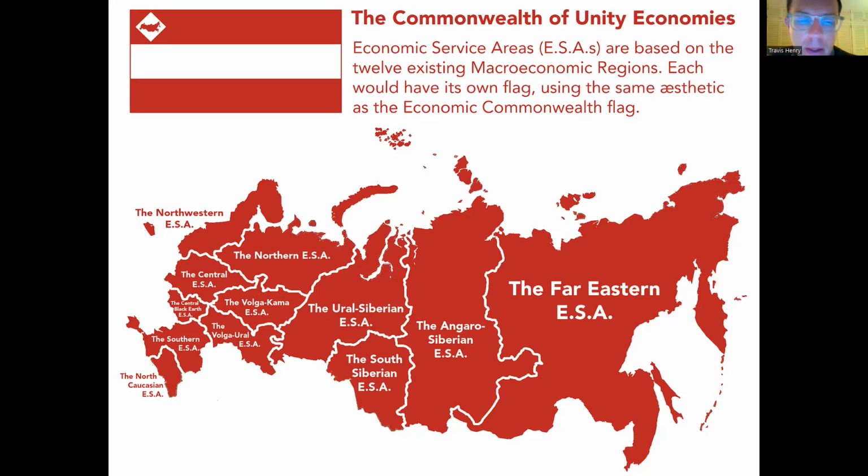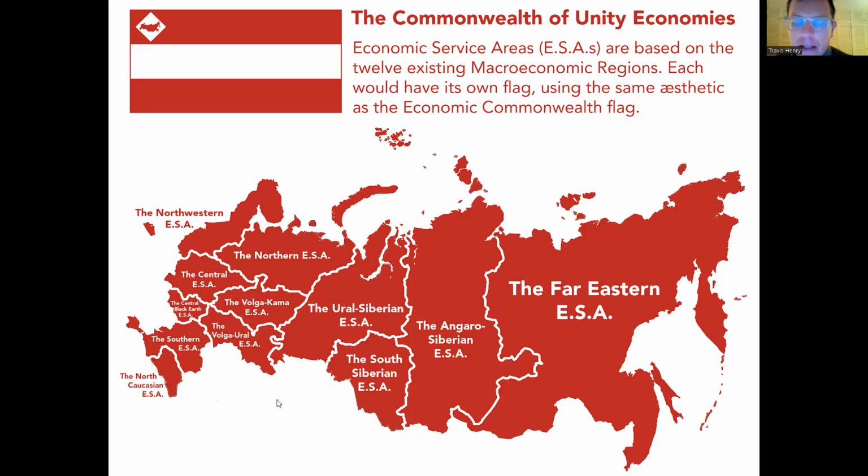This is the economic equivalent of the oblasts, the federal subjects. These are the economic service areas, ESAs, and these boundaries are based on the existing macroeconomic regions of Russia. Russia has officially delineated macroeconomic regions, and these names and boundaries are straight from that map.